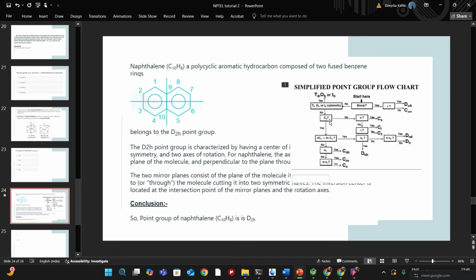Further, if you see, the molecule has a sigma H plane of symmetry, and two C2 axes of symmetry are also present which are perpendicular to each other. Hence, if you move in this direction in the flow chart, you will see that the point group which will be assigned to the molecule will be D2H.